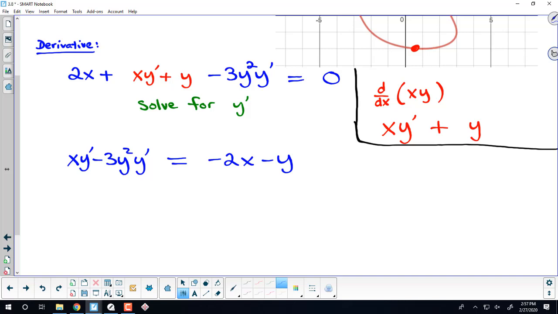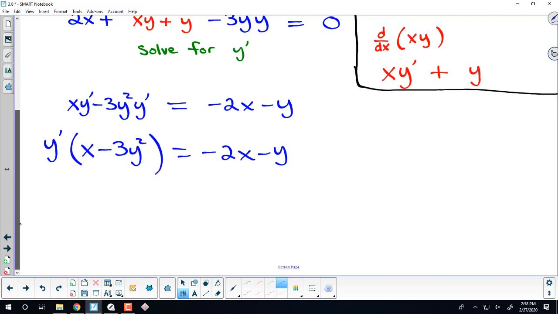Because from here, what are we going to do? Isolate y prime by factoring y prime out. Both of these terms have a y prime, so we're just going to factor that out. We have y prime times the quantity x minus 3y squared equals our negative 2x minus y. Now we have y prime times something, so we just divide by that to solve for y prime.